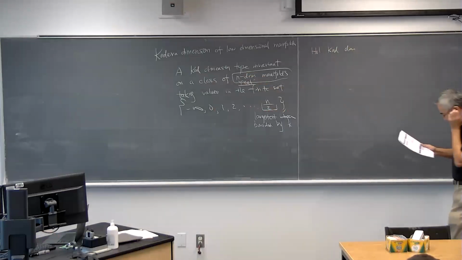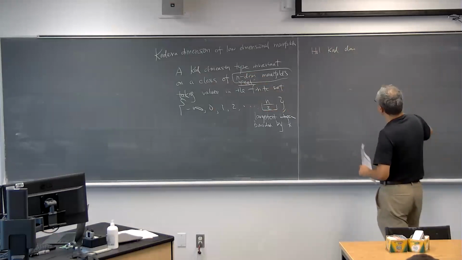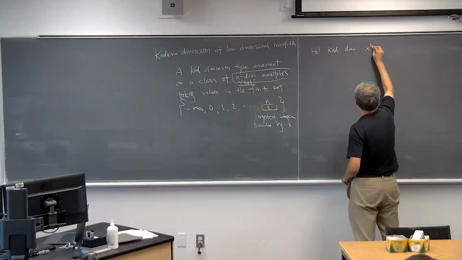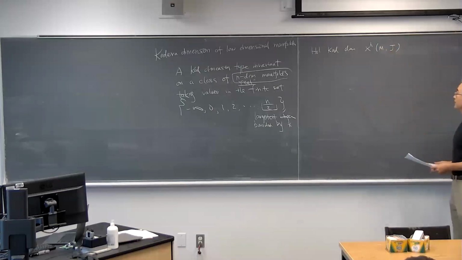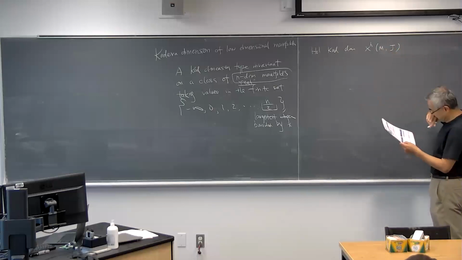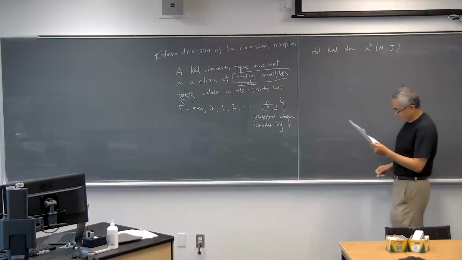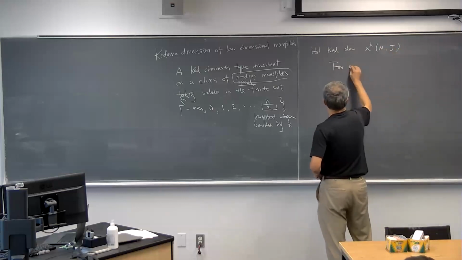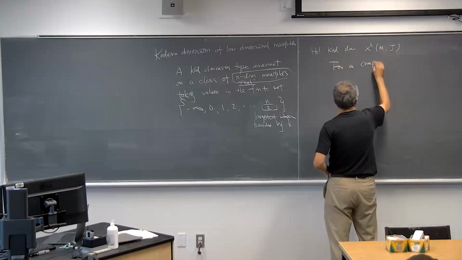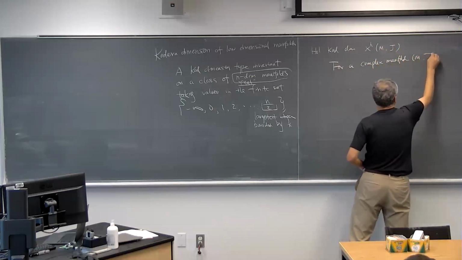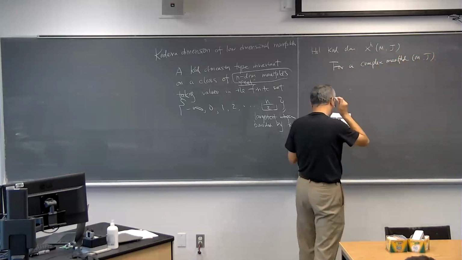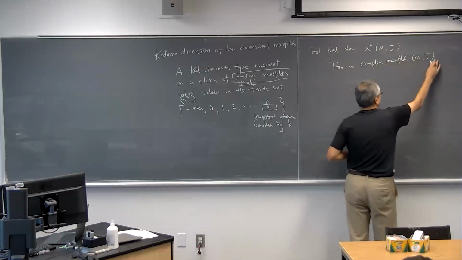The holomorphic Kodaira dimension, let me denote it by kappa h, and let me also put J here. J, of course, is the complex structure. This is defined even for a complex manifold that doesn't have to be projective, of real dimension 2n.